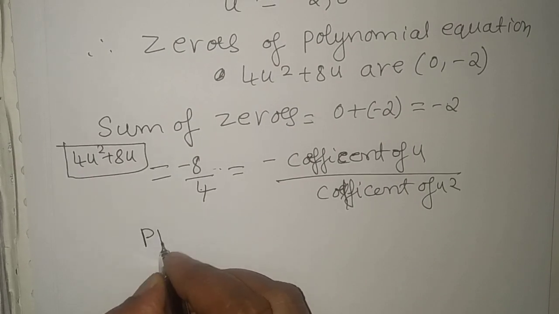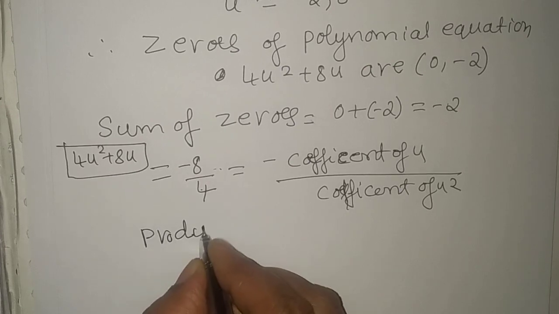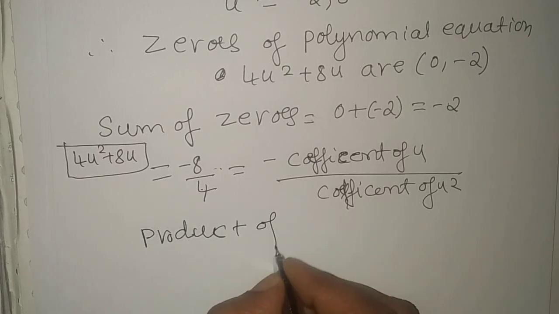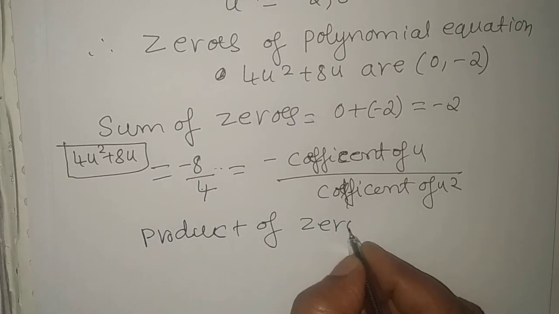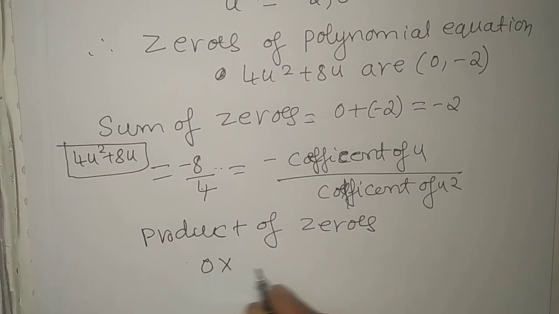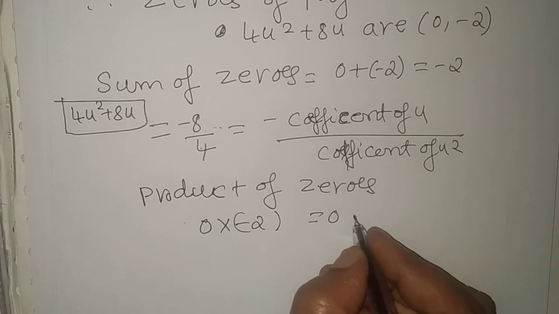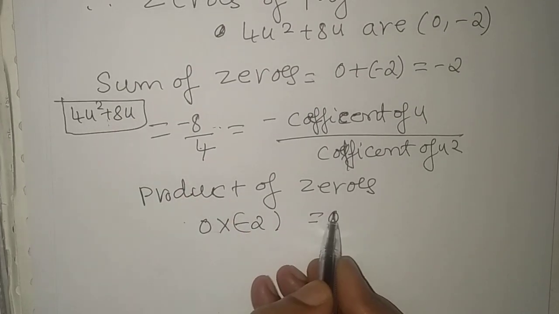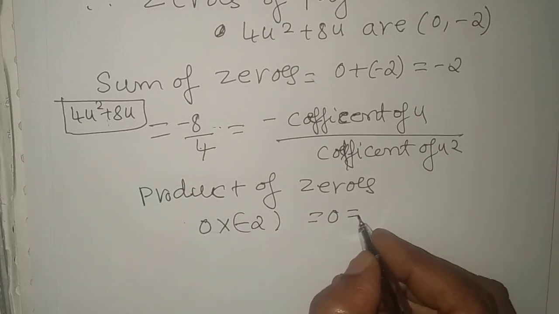Now the product of zeros. Product of zeros is multiply 0 into minus 2. What do we get? We get 0. This 0 in expression form can be written as 0 by 4.